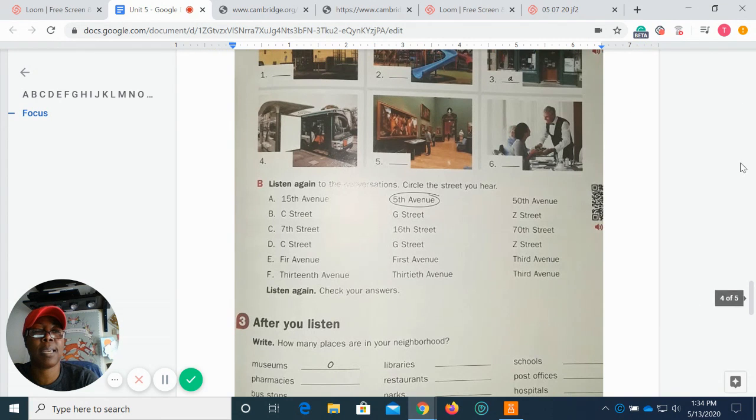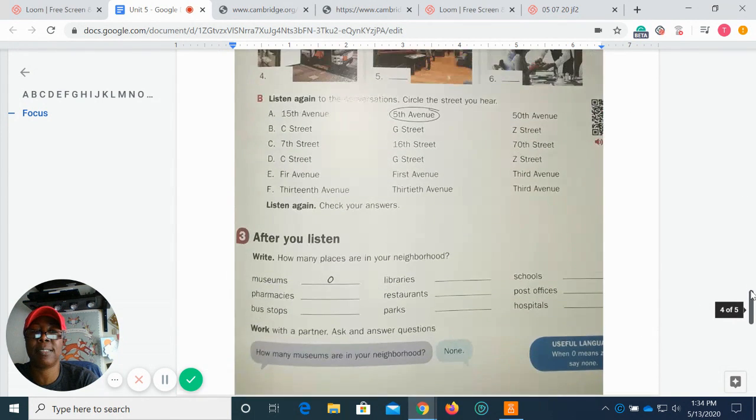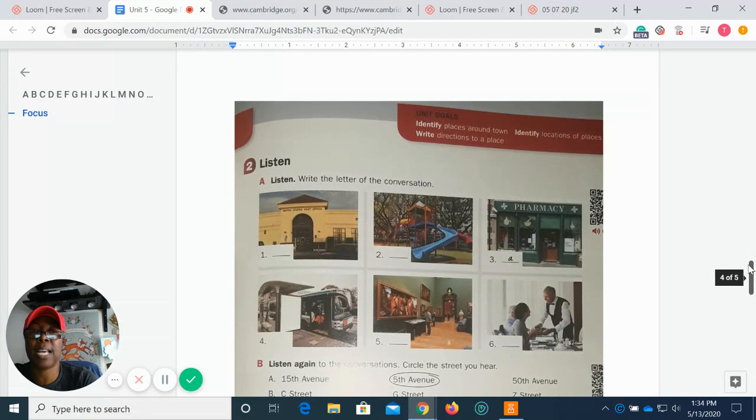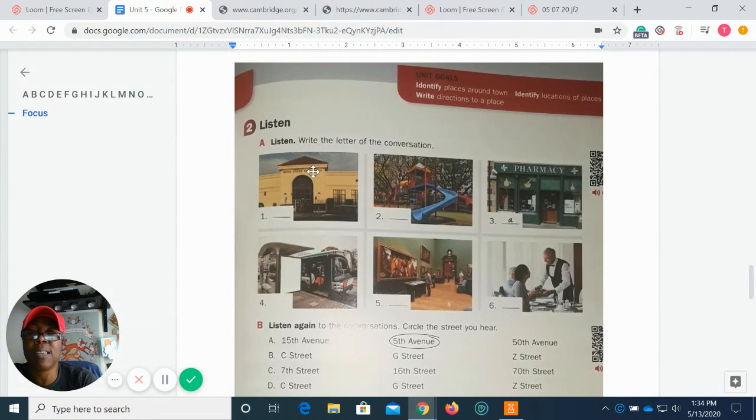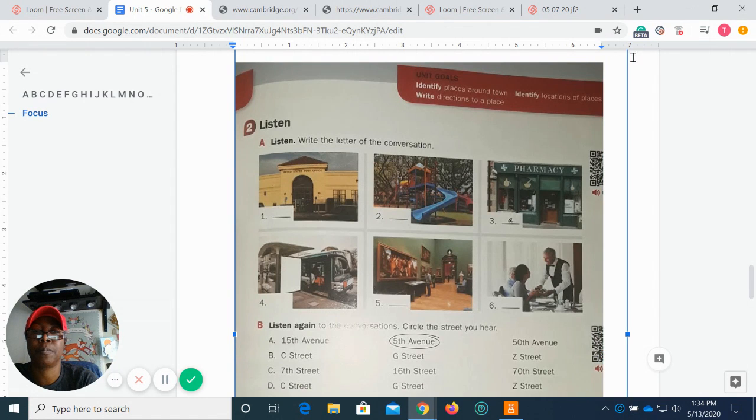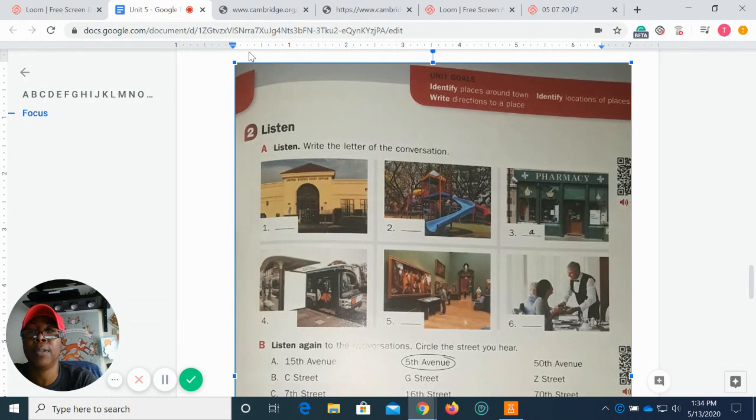Let's try to make this as easy as possible for you guys to see. So here's page 59. And let's look at some of these places that we see in here, right? Let's take a look at some of these places on page 59. Try to make this a little bit bigger.